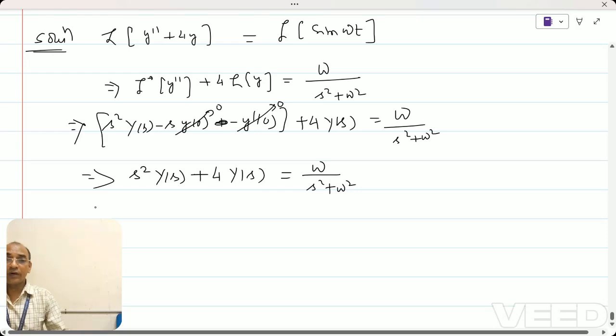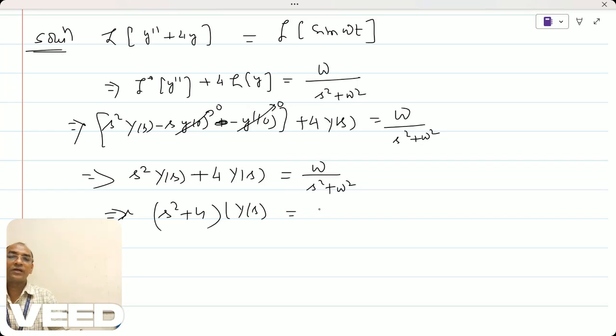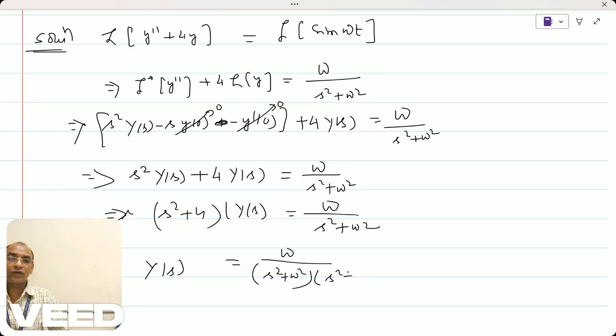Now Y(s) is common, so this will give you s square plus 4 into Y(s) is equal to omega by s square plus omega square. And this will give you Y(s) equal to omega divided by s square plus omega square into s square plus 2 square.